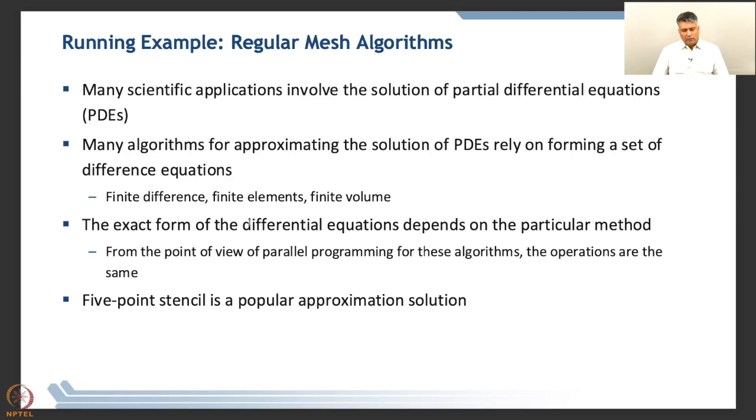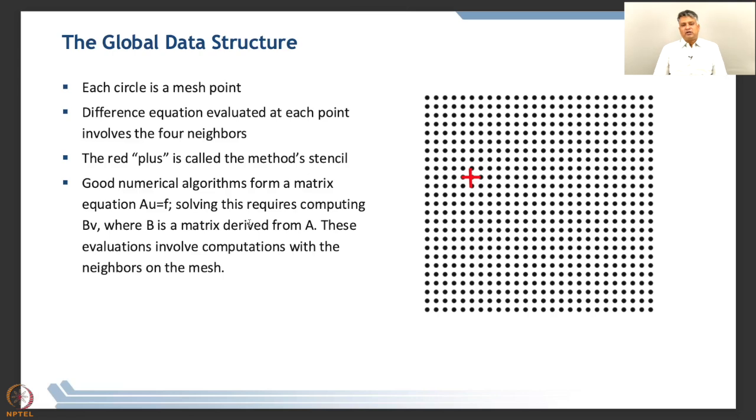One of the popular approximations is called the 5-point stencil. You will see this over and over again in two-dimensional problems of many different governing phenomena. So, let us see how the 5-point stencil looks from a computational perspective. If you look at the global data structure, each dot or circle is a mesh point, a point where the concerned variable is being evaluated.